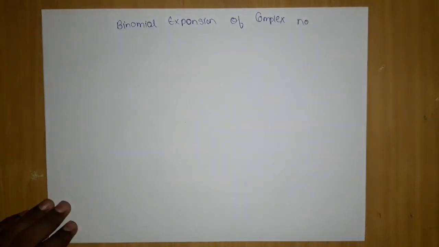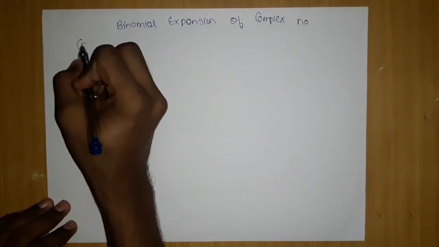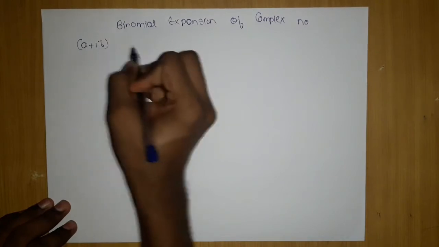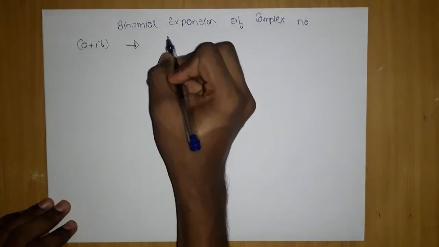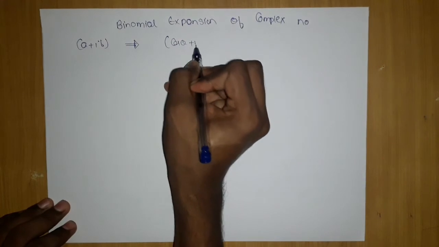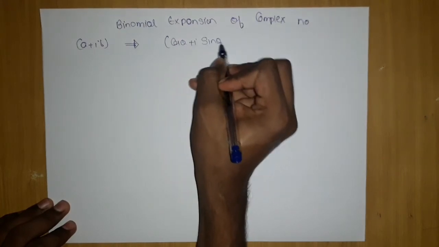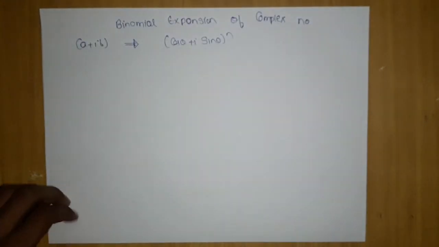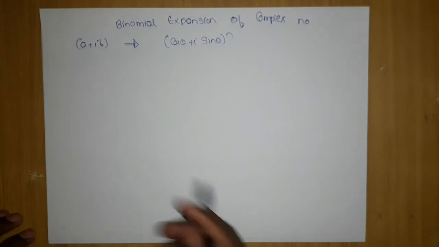We know complex numbers are of the form a plus ib, but in polar form they are written as cis theta, which is cos theta plus i sin theta. Now if I do its expansion, I will get some pretty amazing results, which will be as follows.